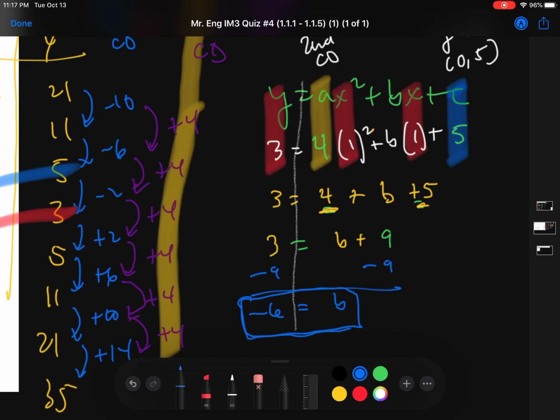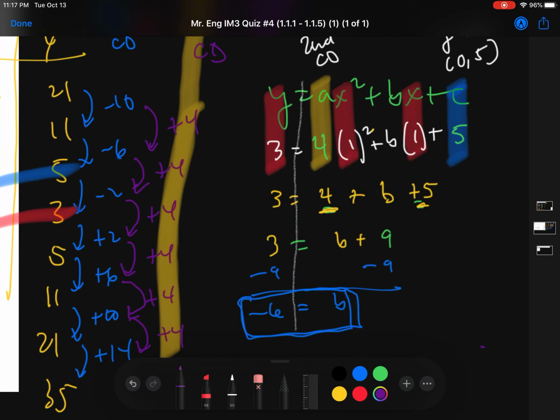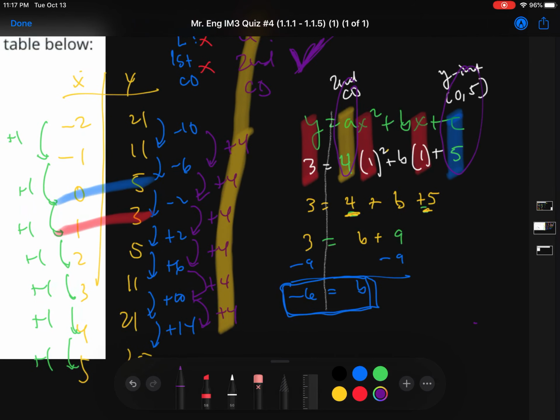This is good. So let's review what we've got so far. Let's see if I can highlight this in a color we have not used, like purple. I have a equals 4 from the first common difference. I have the c value from the y-intercept, and I have the b value, which I just used to solve.